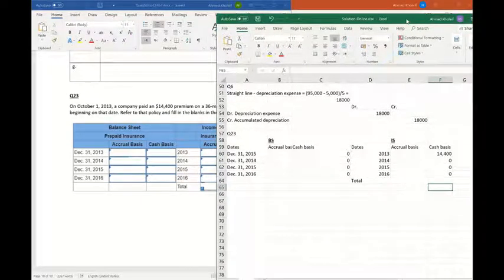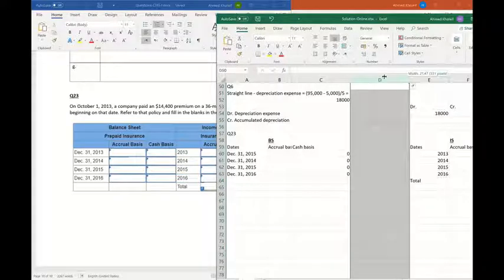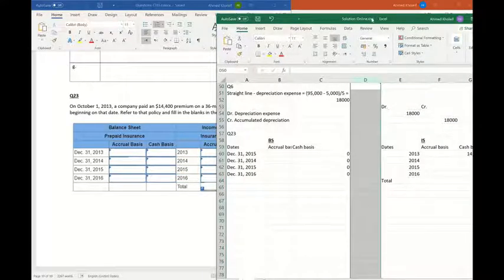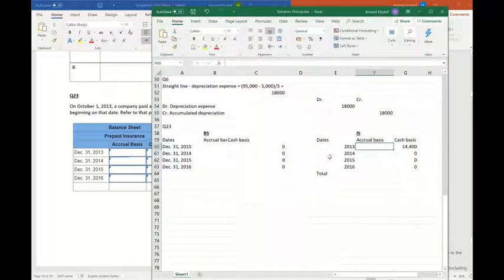So if we use the accrual basis, what we need to do, so we have the 14,400. So the first year, this is mainly the benefit from the insurance here from October 1st up to the end of the year, which is December 31st.